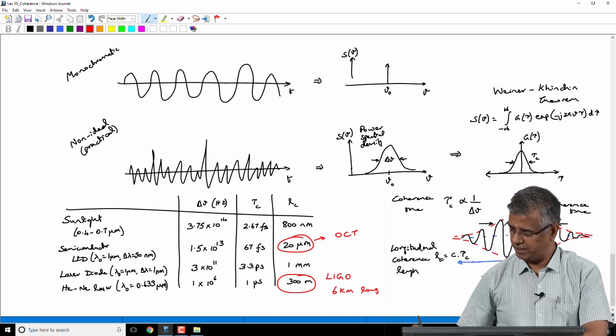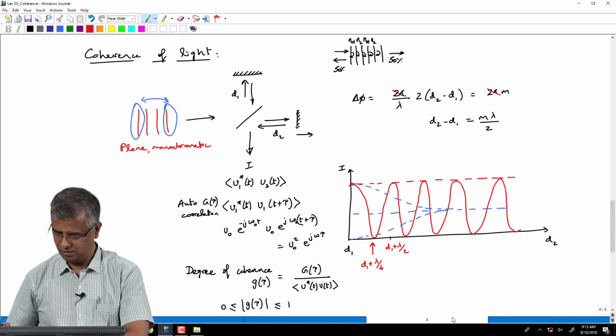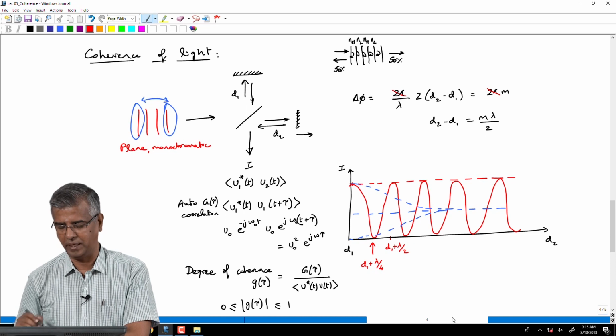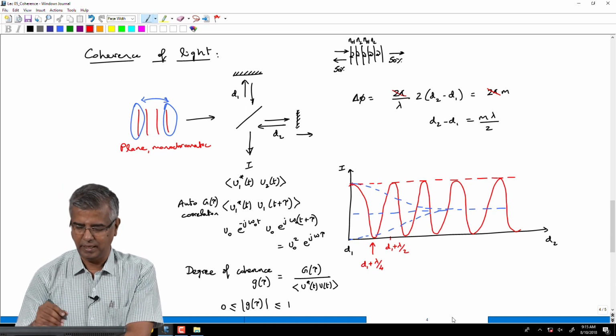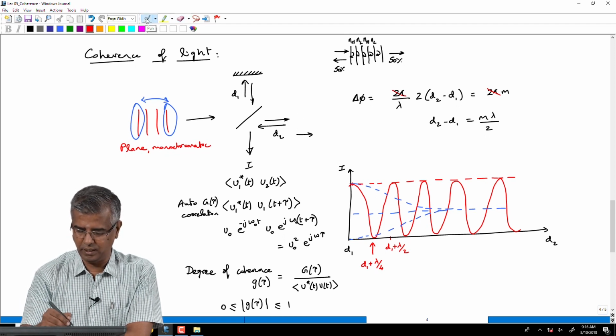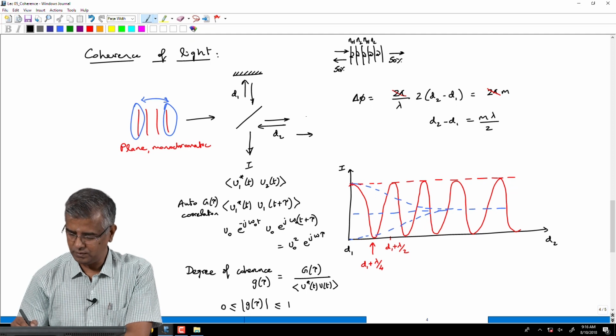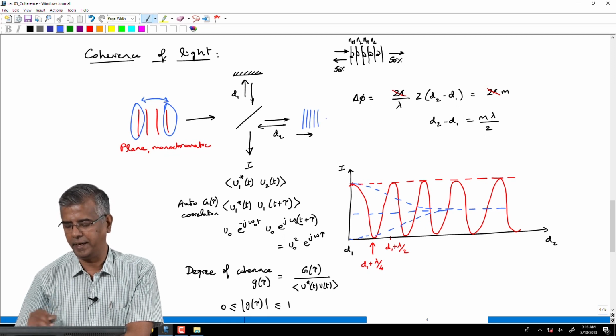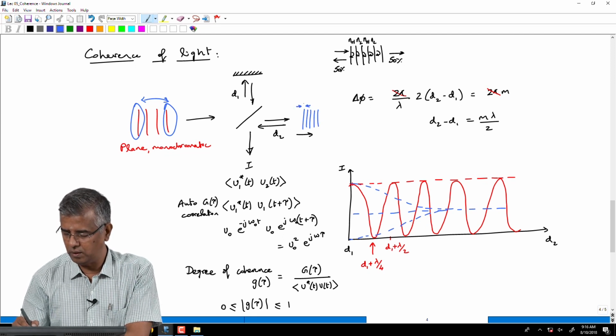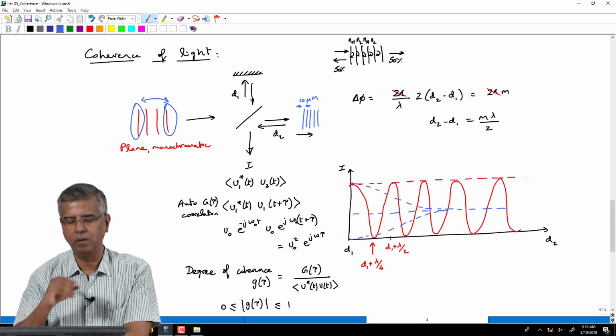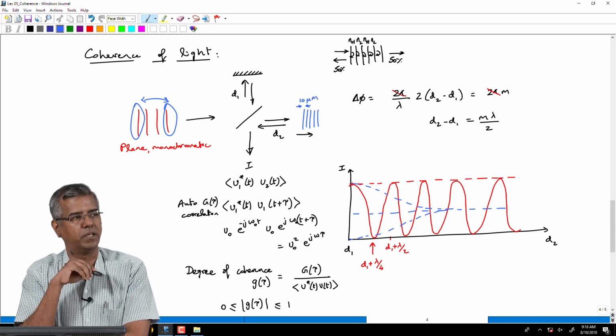Well, let us say we have a Michelson interferometer like this, and in this case I am just going to erase a little bit of this and say over here what I have is a sample where I need to get 10 micron resolution.